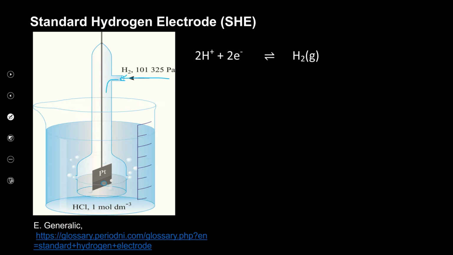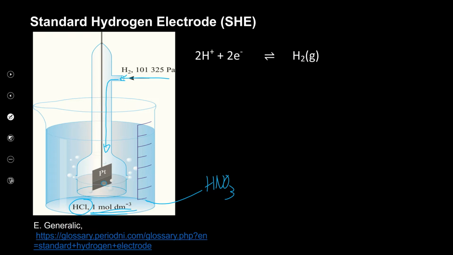It runs down here. There's the platinum electrode, and it's going to get into the liquid. The liquid is either hydrochloric acid of 1 mole per decimeter cubed. I've also seen them being used for nitric acid. So as long as it's just one molar hydrogen ion being available, then that is the standard hydrogen electrode.